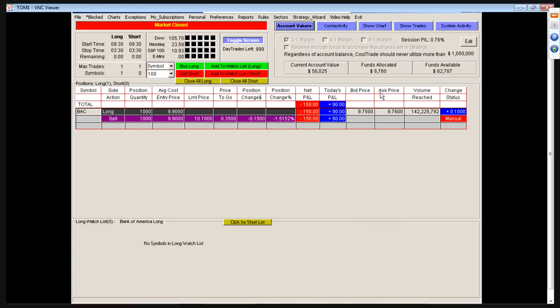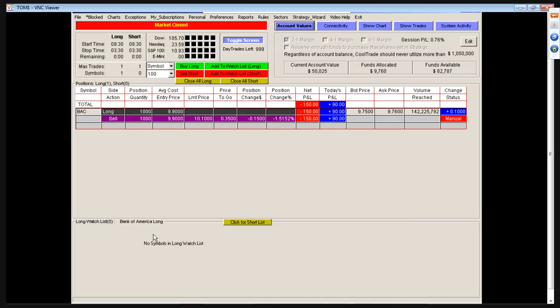Down below, across from that symbol, a Y will appear. It says yes, I reached my goal. Then the auto trader will start looking for a very small pullback in the price. So we can actually let a winner run higher without closing it out. After it pulls back a few cents from its high, the auto trader will automatically close it. It's a pretty nice feature.